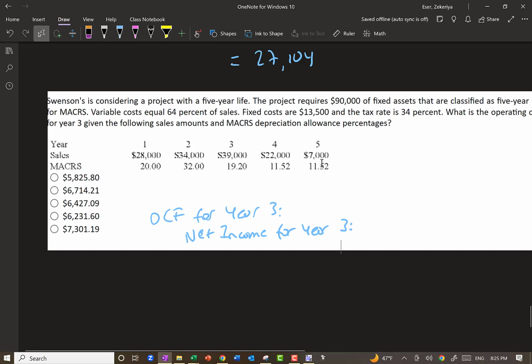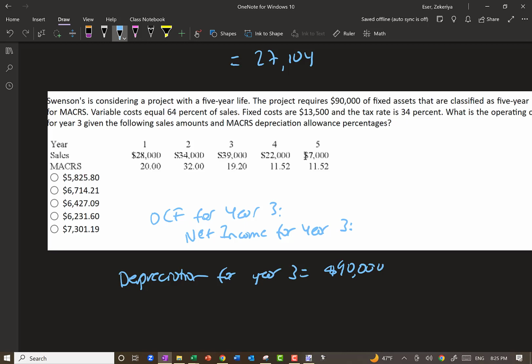We're already given the makers stuff. So first, what is depreciation for year 3? I'm gonna invest 90,000, right? 90,000 times depreciation percentage for year 3 is 19.20%.